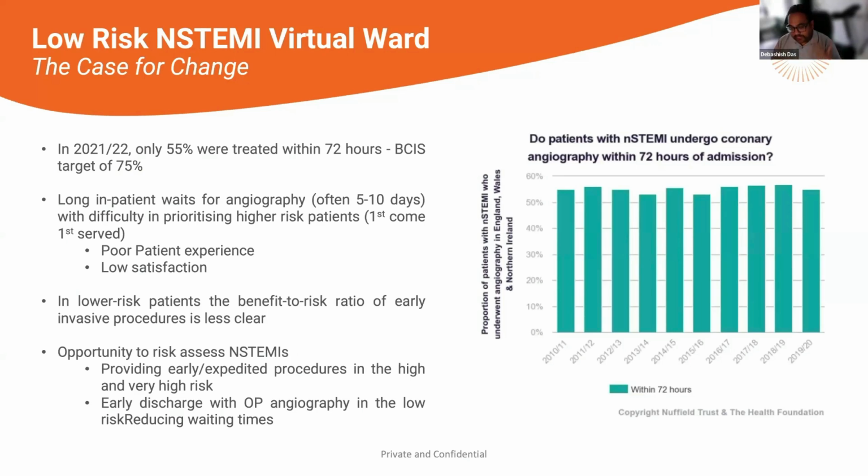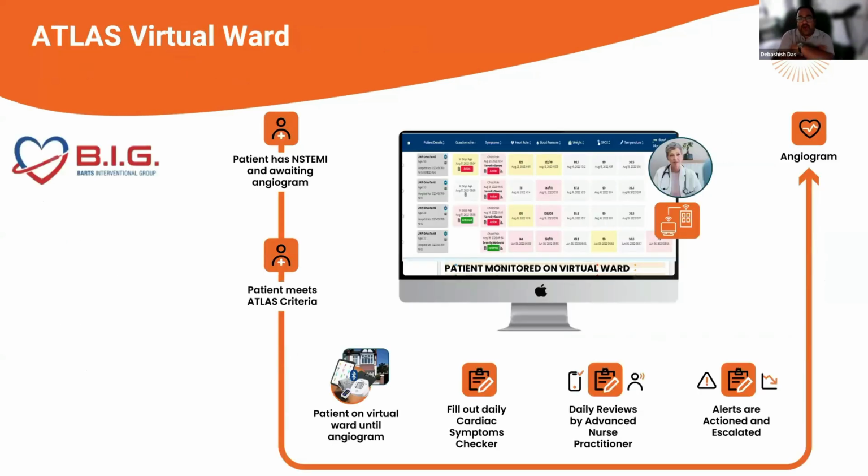At Barts, we were certainly not meeting that, and that often led to low patient satisfaction and poor patient experience. So what we tried to do was take our low-risk patients, based on certain criteria like low GRACE score, troponin, and LV function, and take them out into a 2-week virtual ward where we would remotely monitor them, but they would get a date for their angiogram.